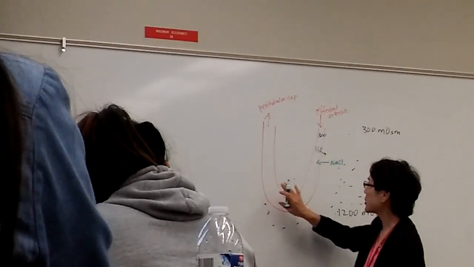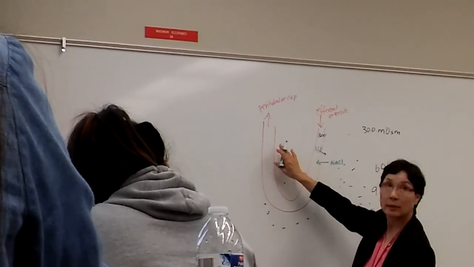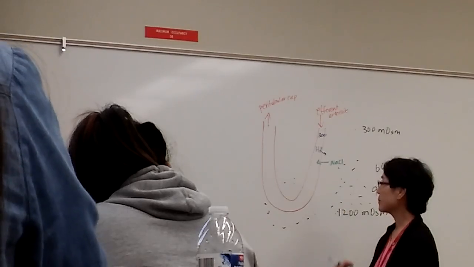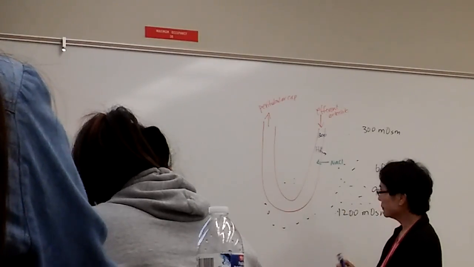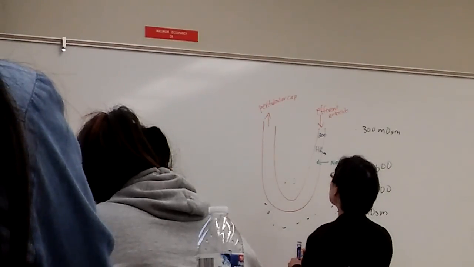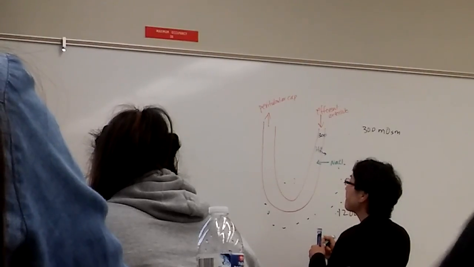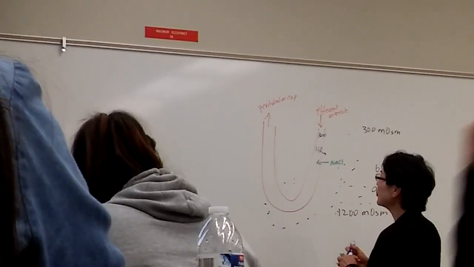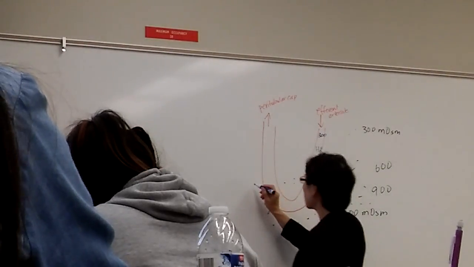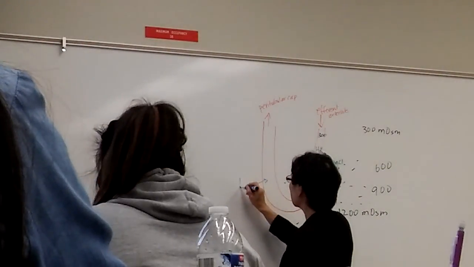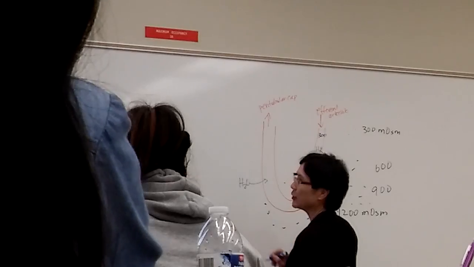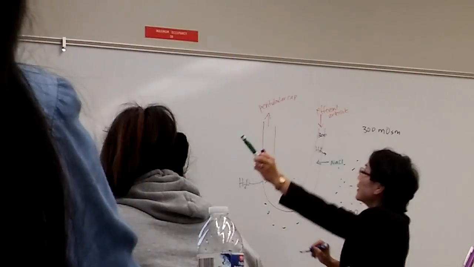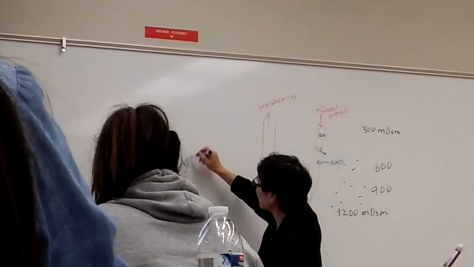And so now as the blood goes up, what's going to happen? Water left, so now water's going to come in. Where's the water that's going to come in from? Not the interstitium, from the descending loop of Henle.